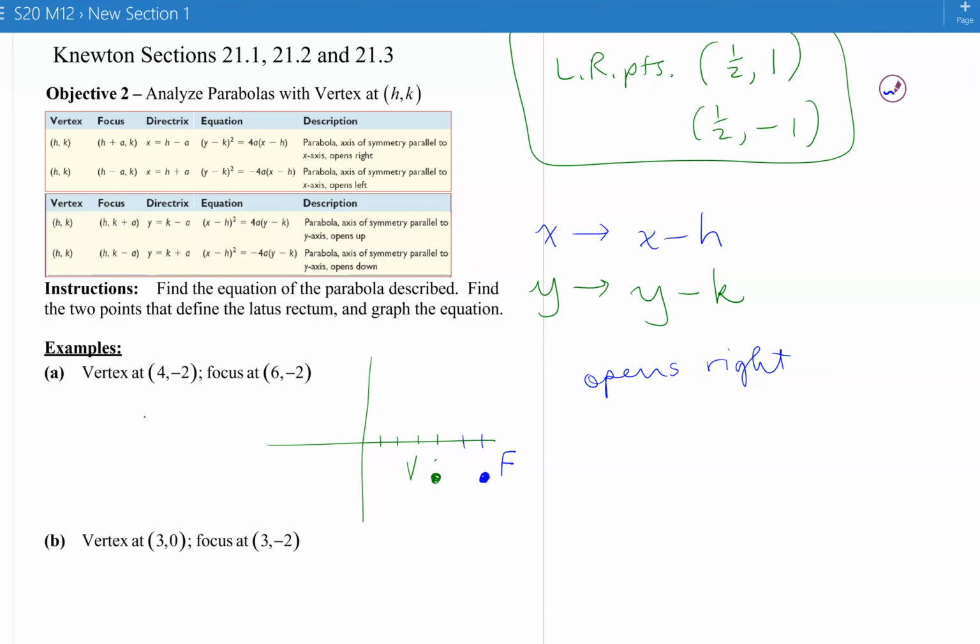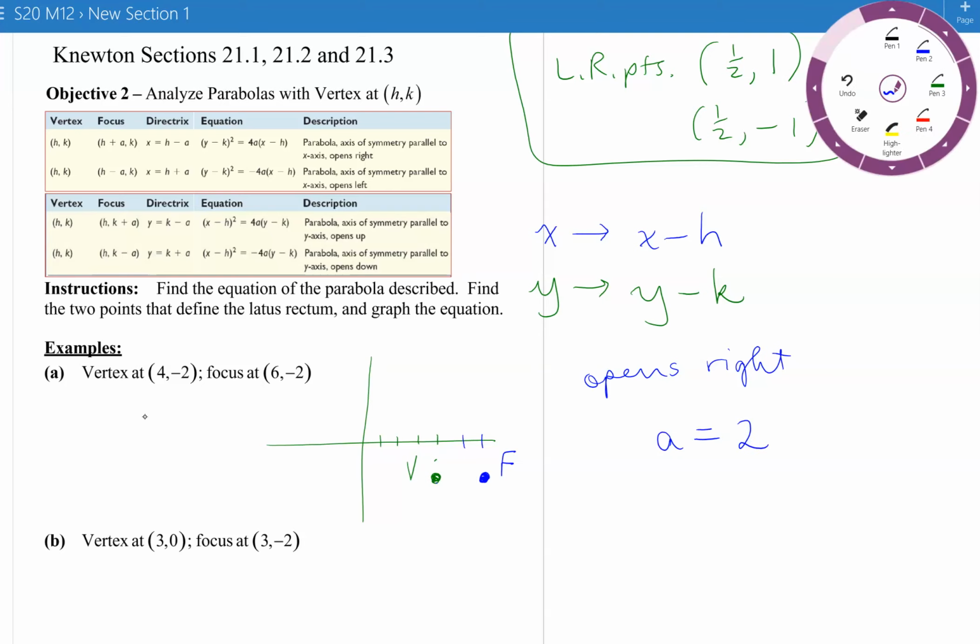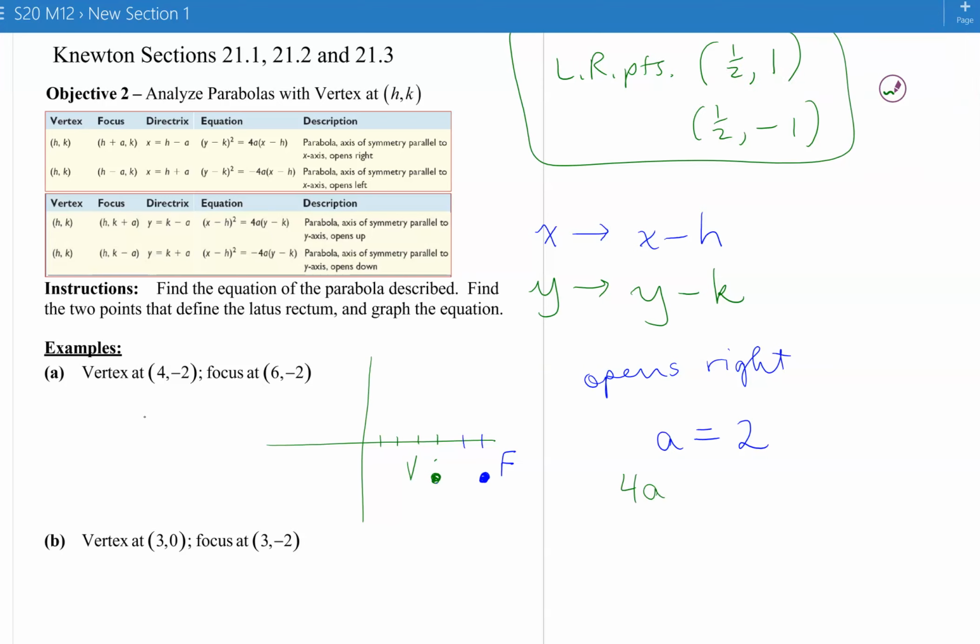So the distance from vertex to focus is 2, so a is 2. And then I know 4a is going to be 8. And this is not y and x squared, this is x and y squared.